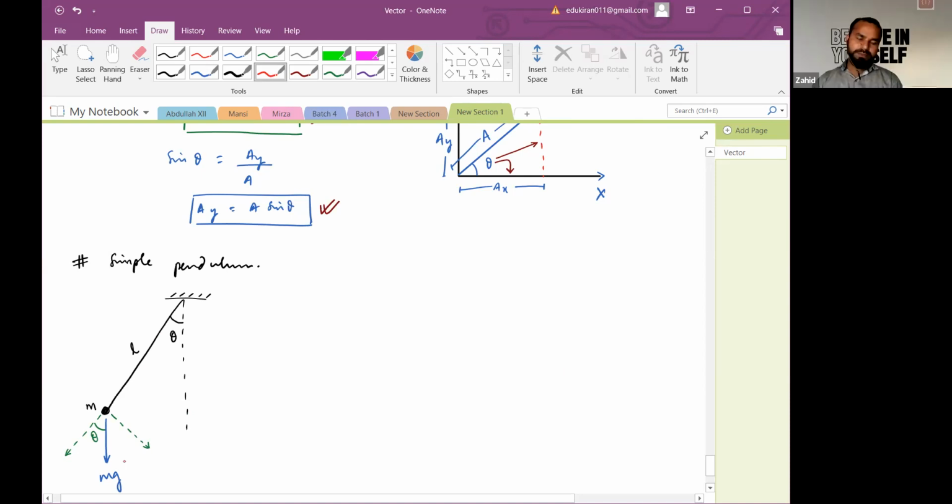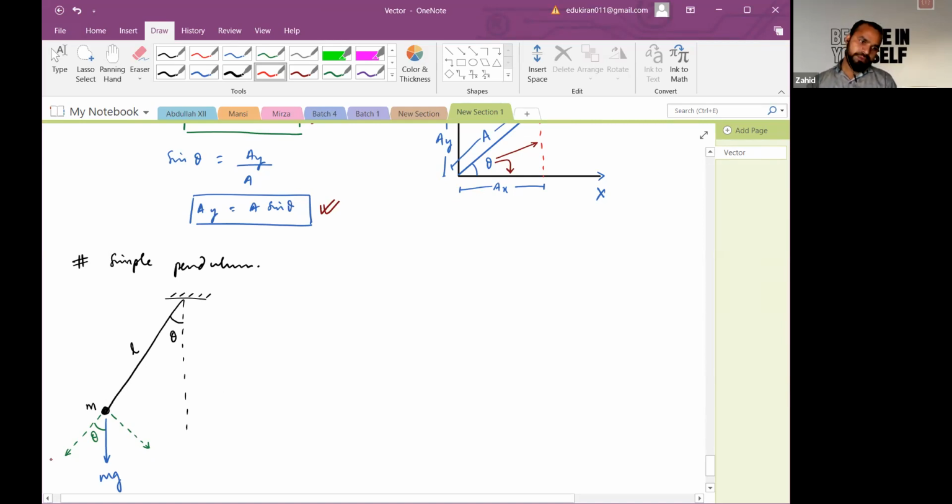Now, in this part, we have mg as a resultant. We have to break mg into two parts: one adjacent to this theta and one opposite to this theta. So using the above concept, for the component adjacent to this theta, just multiply the resultant term by cos theta.